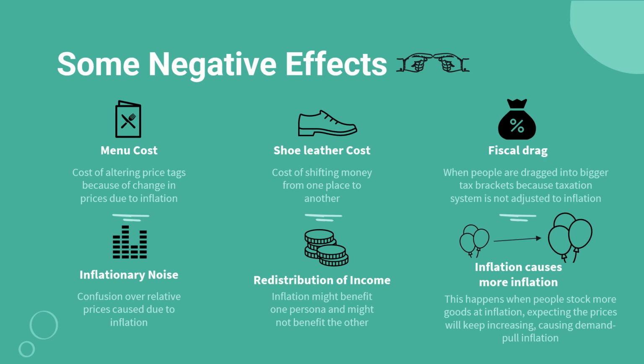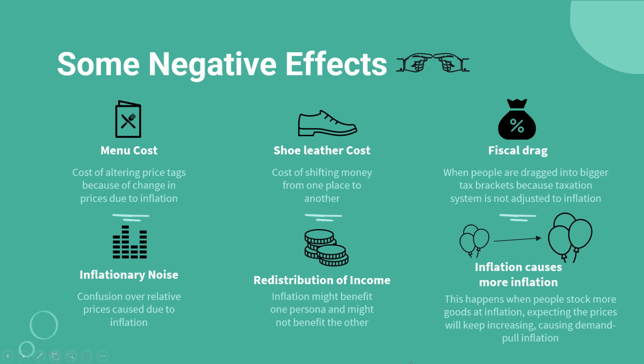Inflationary noise is basically confusion over relative prices caused due to inflation. This can be explained with an example very easily. If you are a firm producing a product, and the price of the product is increasing, you will obviously increase the output, because you want to earn higher profits.